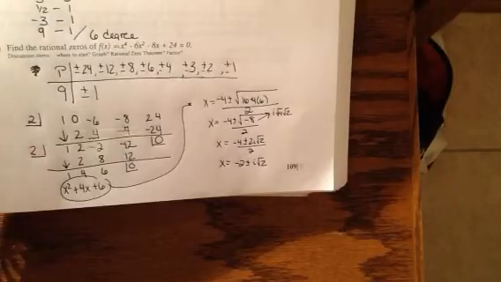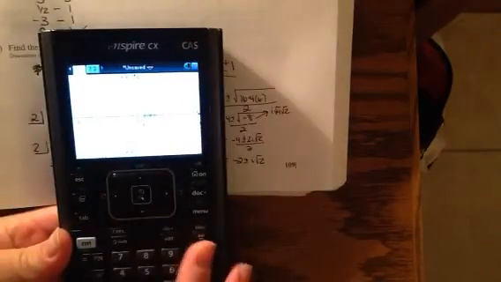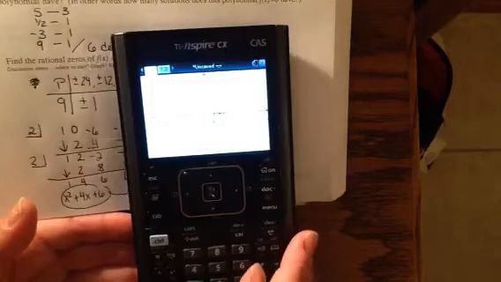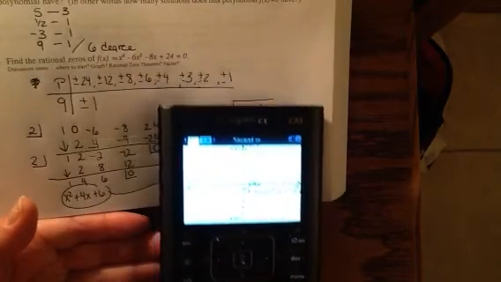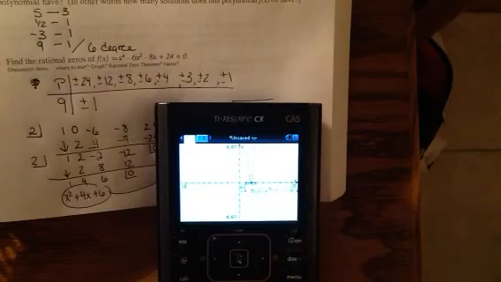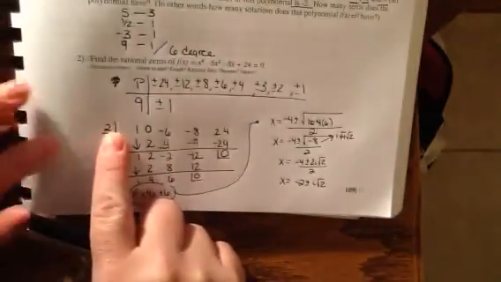And that makes complete sense because if you think about it and go back to your graph, that 0 that we had right there was the only 0 we had. So the other 2 zeros have to be imaginary. So 2 counts twice.